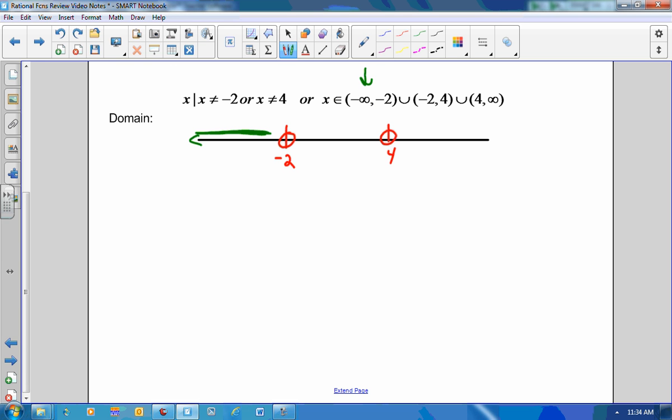So x can be any real number from negative infinity to negative 2. Then I have to stop at negative 2 and not include it. And then I can pick it up, any real number between negative 2 non-inclusive and 4. And then this last part, any real number from 4 to positive infinity.